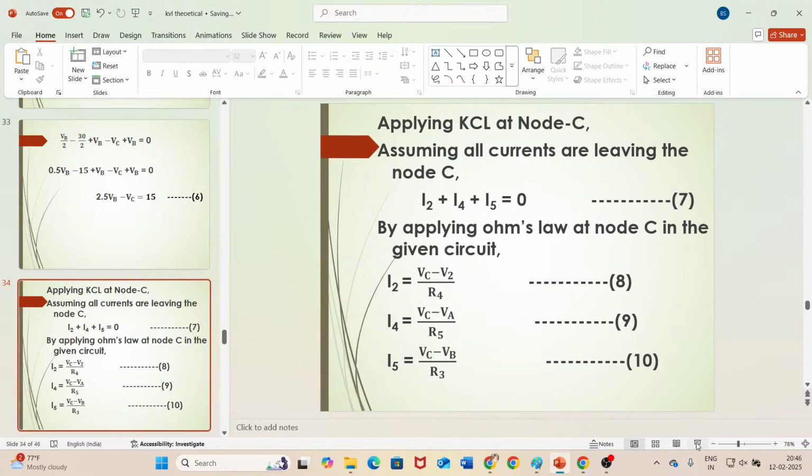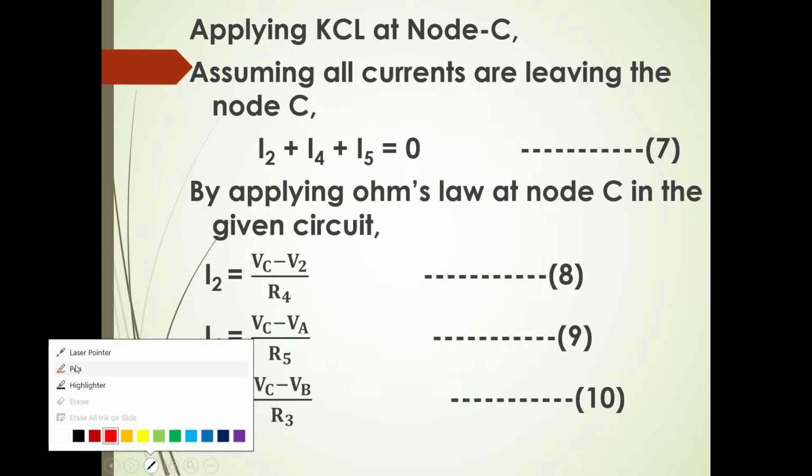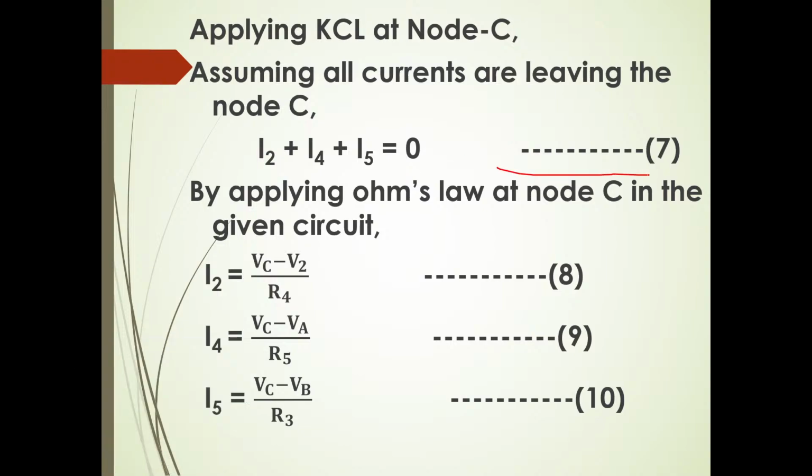Now just give some numbering to this. So I2 plus I4 plus I5 is our equation number 7. Consider I2 current equation as 8. Consider I4 current equation as 9. Consider I5 current equation as 10.